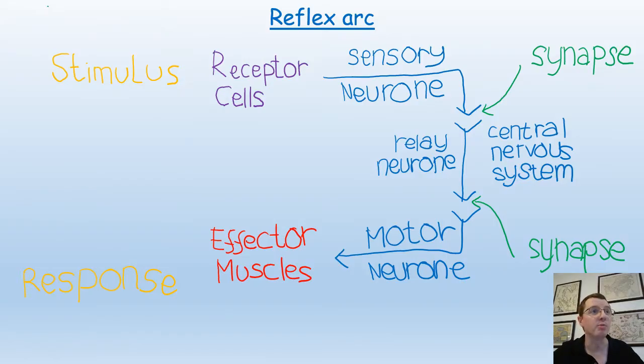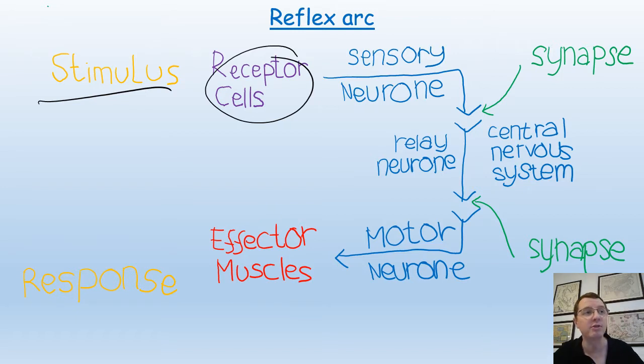You've seen it before in a previous video, but just to quickly summarize, this is an extremely fast process. It takes place in milliseconds. It's incredibly quick, and it allows your body to sense whenever there's a particular stimulus. Receptor cells in your body will sense that stimulus and they'll create an electrical nerve impulse.